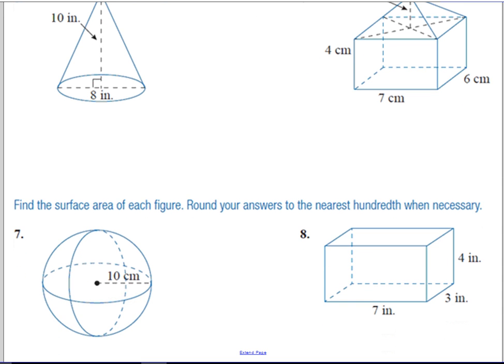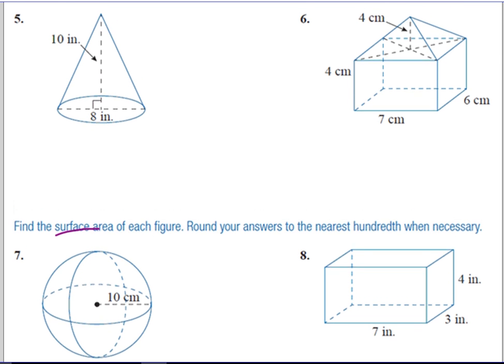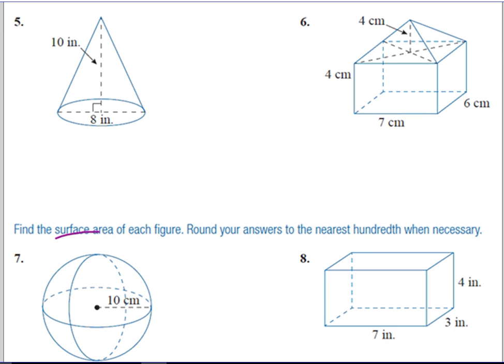The bottom two shapes, they are asking you to find surface area, so make sure you're using the right formula for that. And again, I always double check and notice that your sphere does give you the radius, because remember, if they give you the diameter, you need to divide it by 2 before you start plugging in numbers for your calculations. So go ahead and pause so you can work on these, and then check your answers from the answer key. And when you're ready, let's continue on with our story problems.